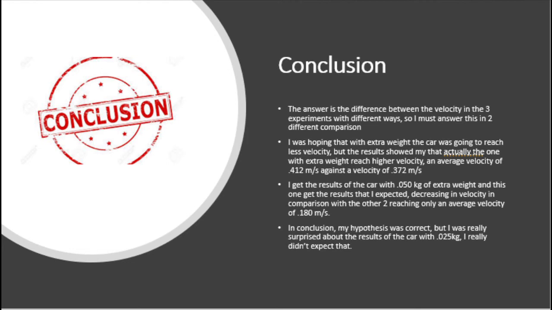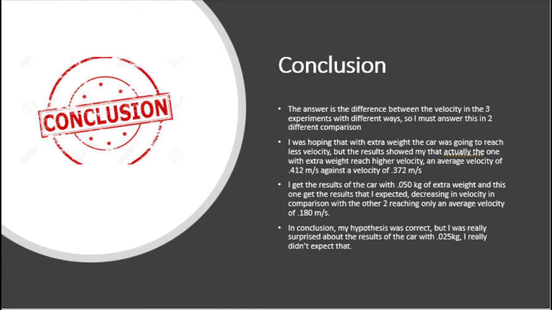I was hoping that with the extra weight the car was going to reach less velocity, but the results show me that actually the one with extra weight reached a higher velocity, an average velocity of 0.412 meters per second against a velocity of 0.372 meters per second.